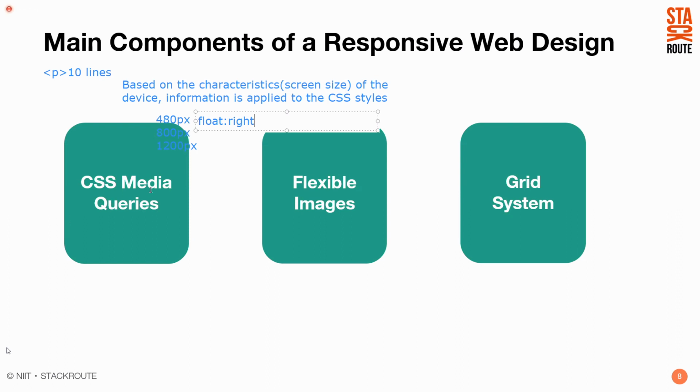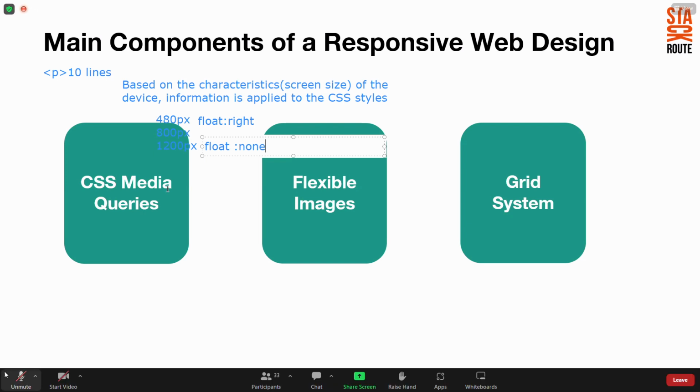What about, okay, let me ask you, 1200 pixel. Do I want to apply any float? No, the content will automatically fit on my screen. If it is 800 pixel, I may apply float equal to left.